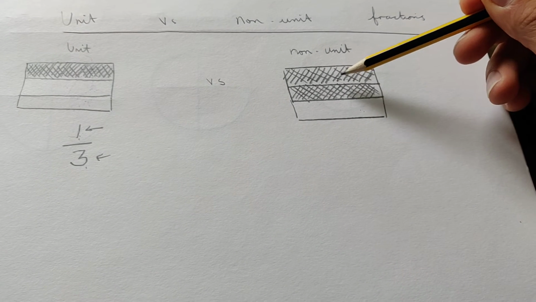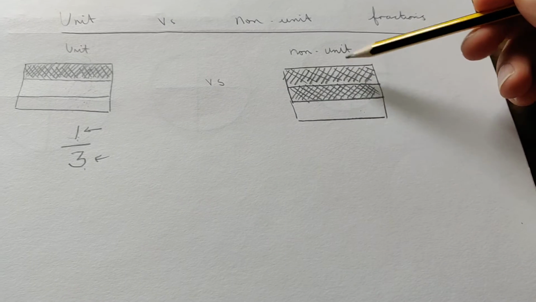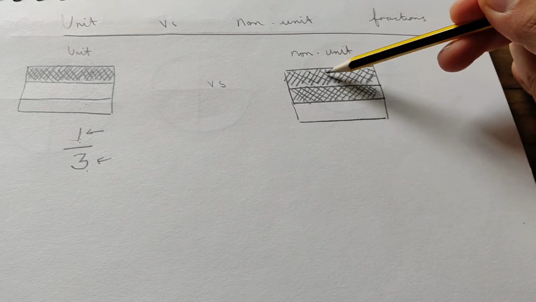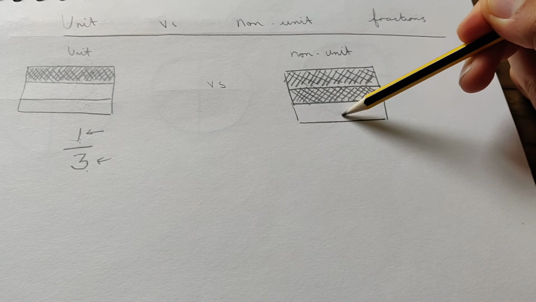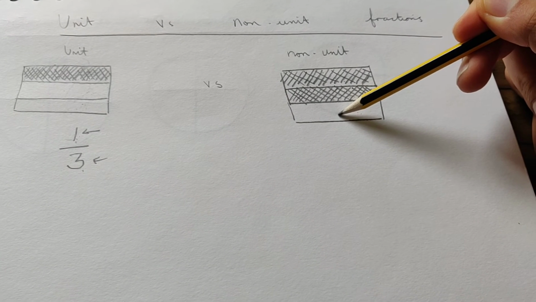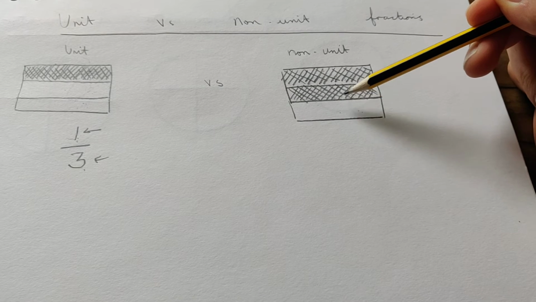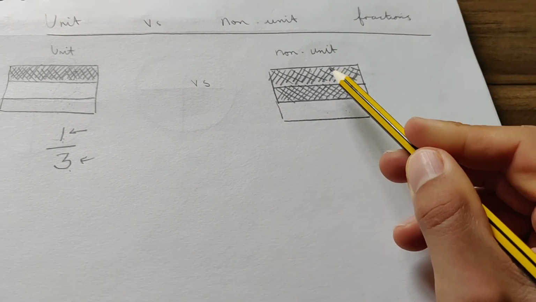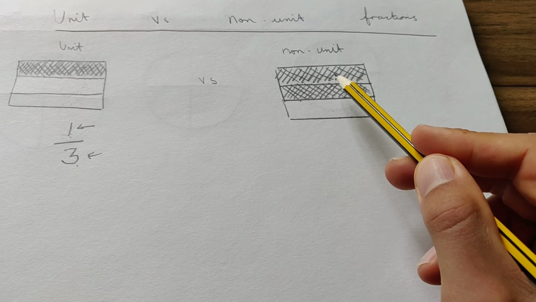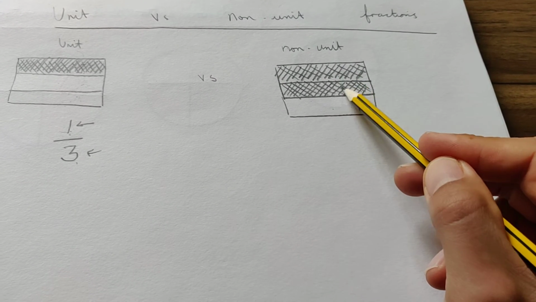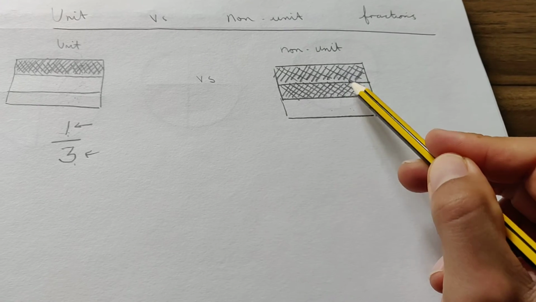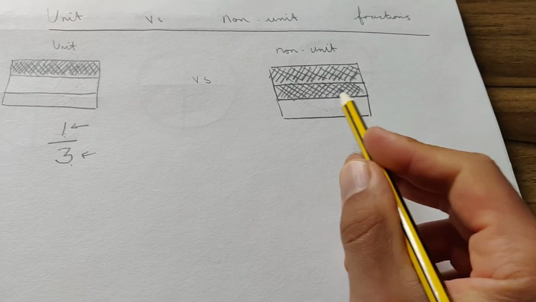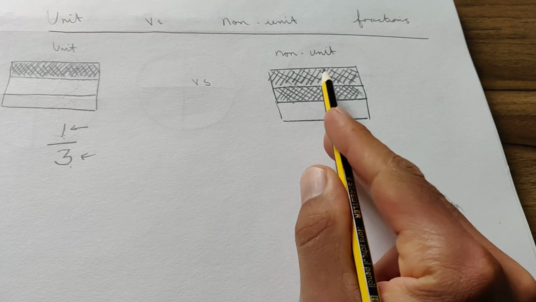Now, in this particular case, I also have thirds because I split my whole shape into 1, 2, and 3 equal parts. And I have now shaded 2. Remember that I get my numerator from the shaded bits that I have out of the whole shape. So I have 1 shaded and 2 shaded.